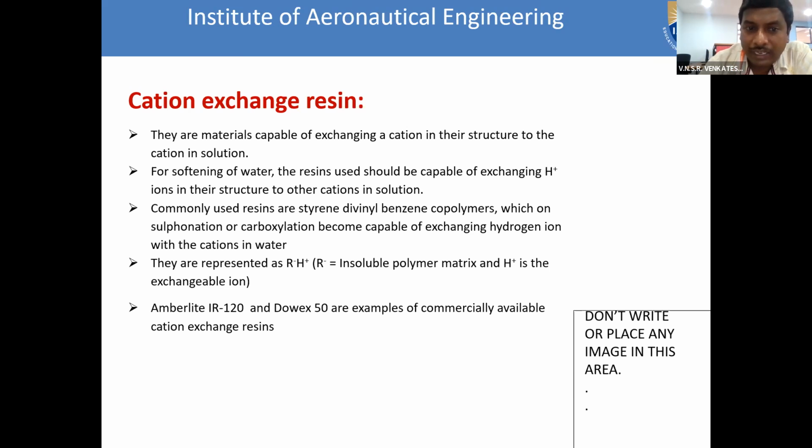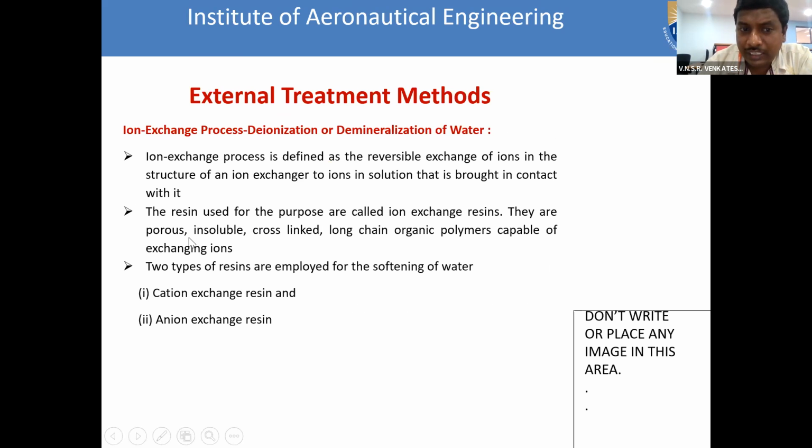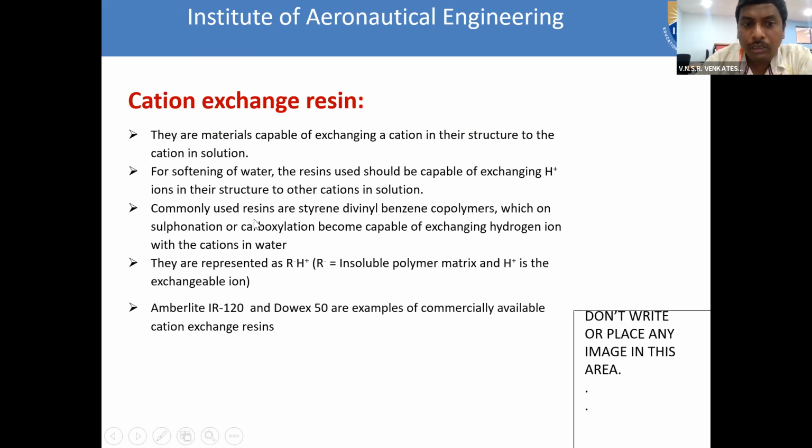Commonly used resins are styrene divinyl benzene copolymers. Already in the previous slide I said that the nature of the resin is porous, insoluble, cross-linked, long chain organic polymers. So what is the example for the cation exchange resin?